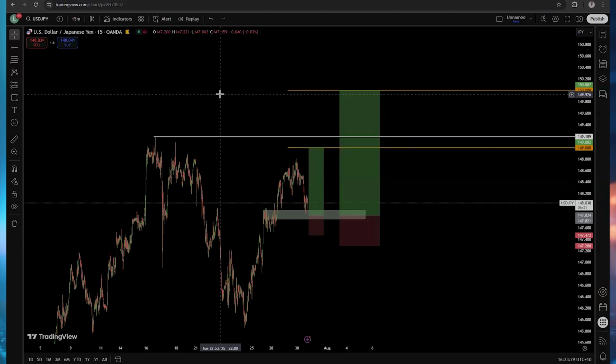And from there, you put your stop loss to break even, just manage that risk, if the level of 149.100 gets broken. Then you can trade up to 150, right? So that's the first idea on US dollar Japanese yen.